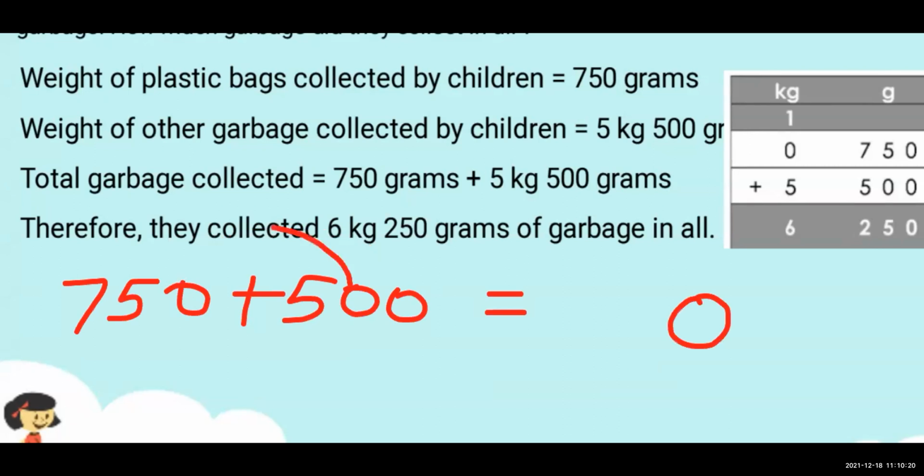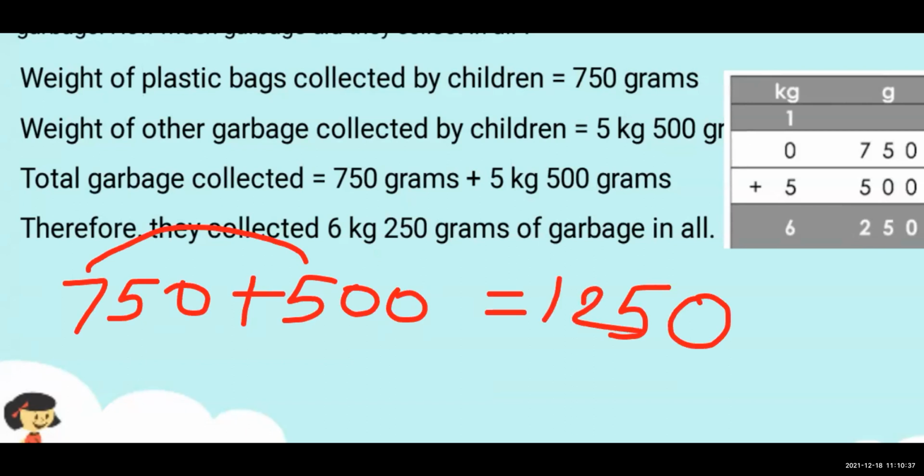Then 5 plus 0 will become 5. Then 7 plus 5 will become 12.